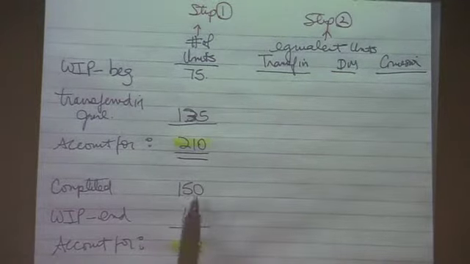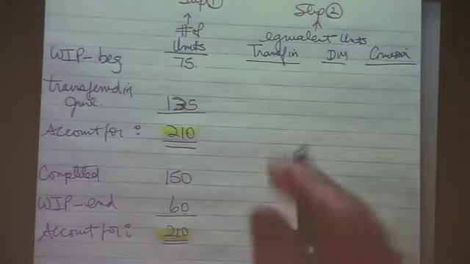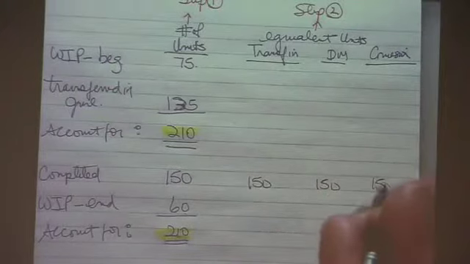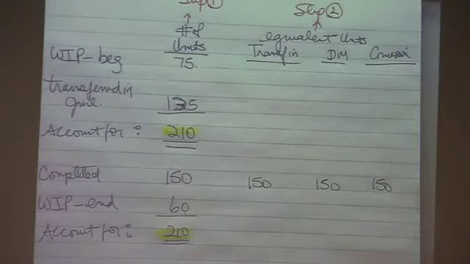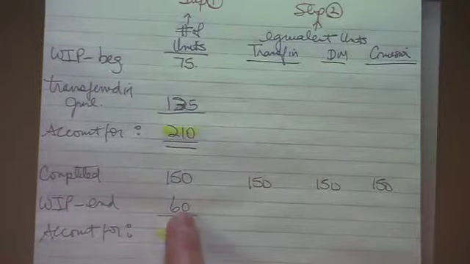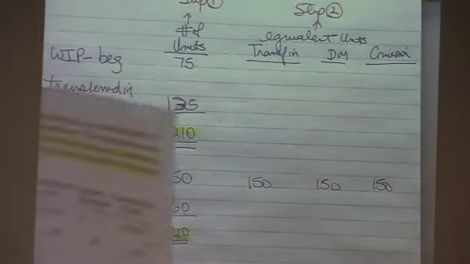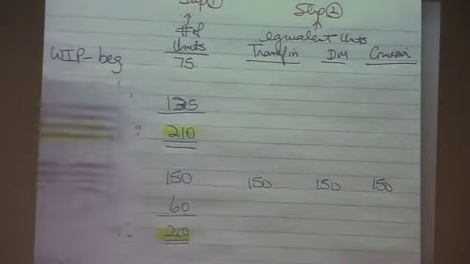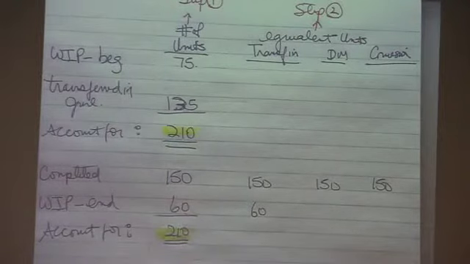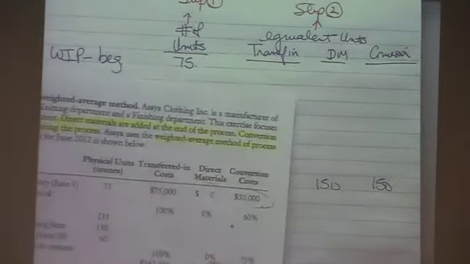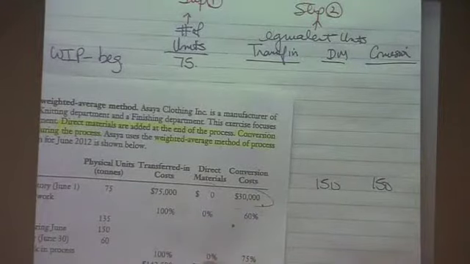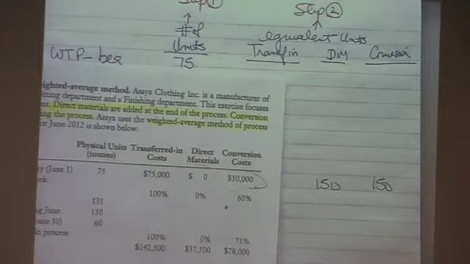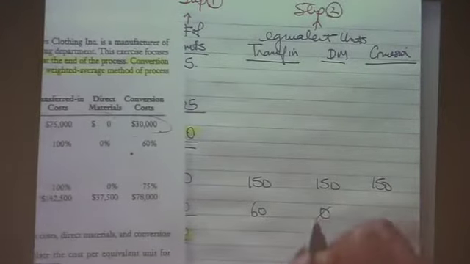So the 150 that we know is completed, certainly that's the equivalent units for transferred in, direct materials, and conversion. Now, for the work in progress of 60, we're told the degree of completion of the transferred in cost is 100%, so we know that's 60. All of that was transferred in. And we're told the direct materials is 0%, so we know the equivalent units is 0.